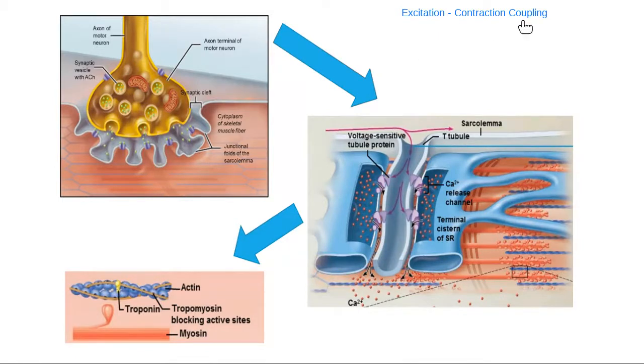Excitation-contraction coupling: we took a change in membrane charge that started right here, where a neurotransmitter attached to an ion channel. We changed the membrane charge everywhere, including inside these little T-tubules. That allowed us to spit out calcium inside the muscle cell, which allowed us to do the process of contraction.